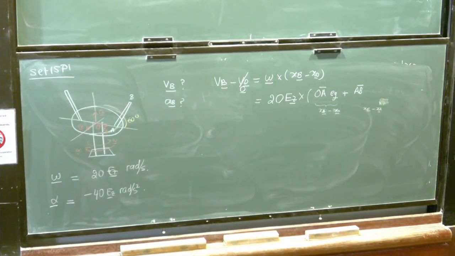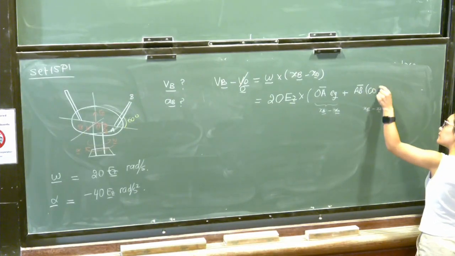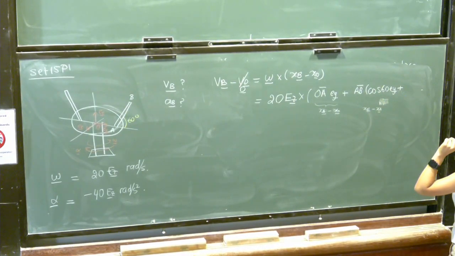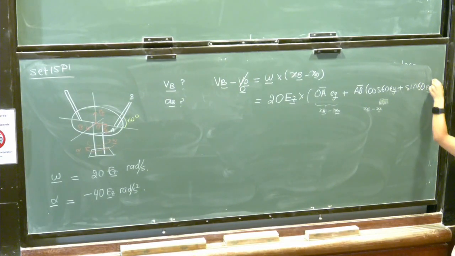Right, exactly. AB and then a positive y, positive z component: AB cosine 60 EY plus sine 60 EZ. Okay?